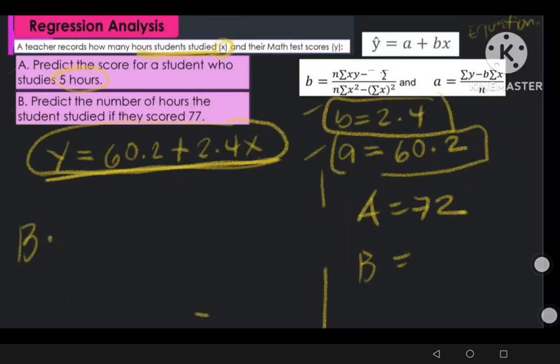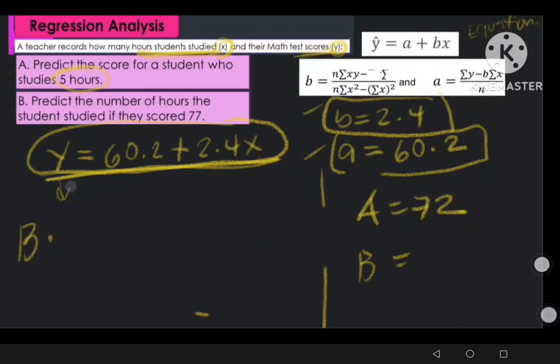Letter B, predict the number of hours the students studied if they scored 77. Score of 77. As you can see here in our problem, score represents y. So in our equation we have y and x, and score represents y.